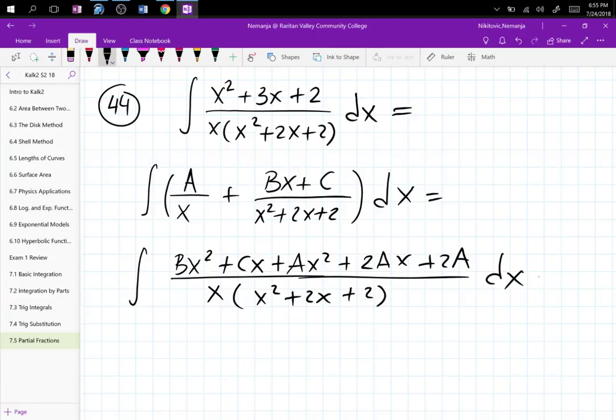So all I did is cross multiply. I only have two fractions there, so when you have two fractions it's easy, you just cross multiply. So A multiplies into all three of these, and then x multiplies into these guys over here.